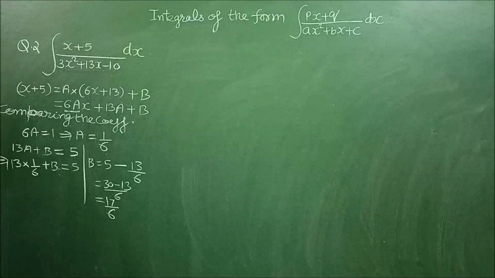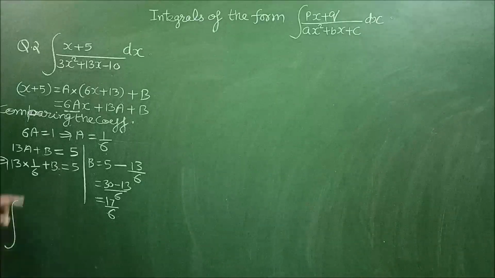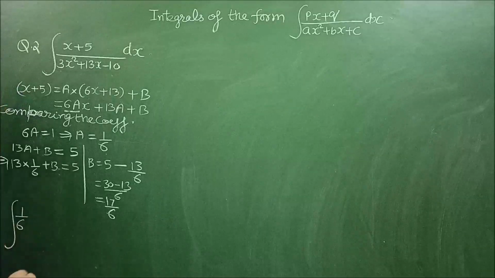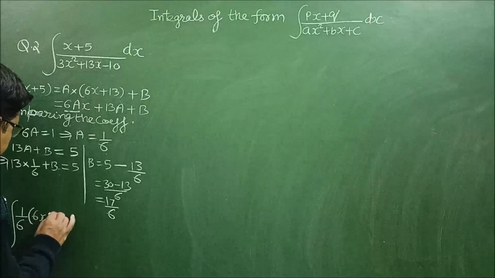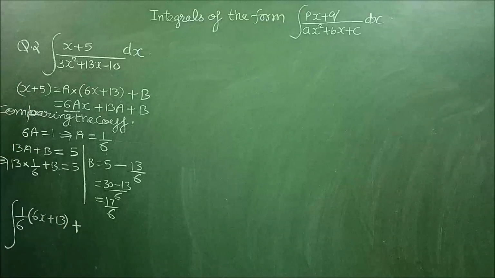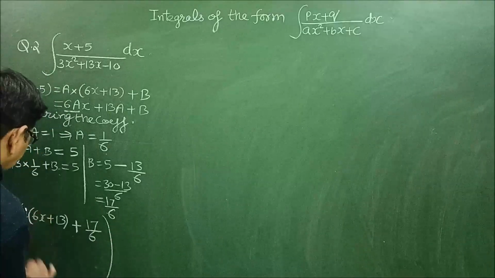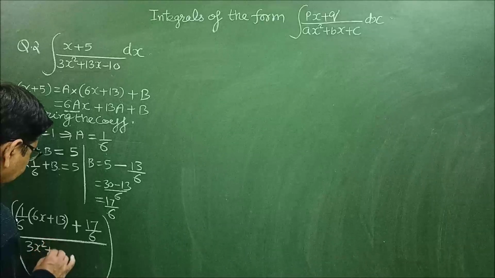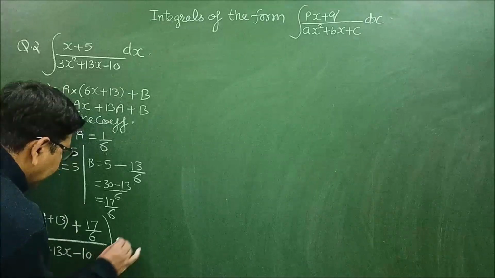So putting the value of a here, this integral reduces to, the value of a is 1 by 6, so 1 by 6 into 6x plus 13 plus the value of b, 17 upon 6, divided by 3x square plus 13x minus 10 dx.